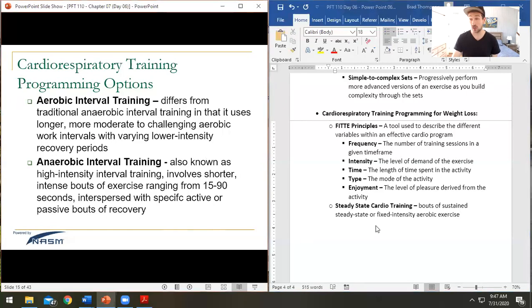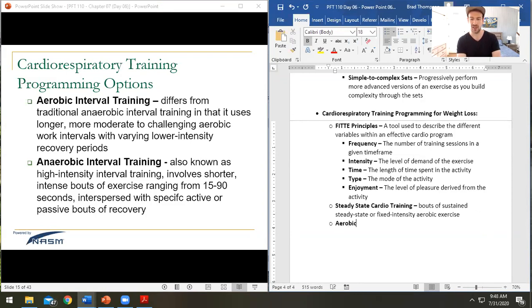If you are going to be a marathoner, you want to be able to maintain a consistent pace. So steady state cardio is going to be very effective. However, if we're trying to be time efficient, which 9 out of 10 times we're going to be, we're going to focus more on aerobic or anaerobic interval training.